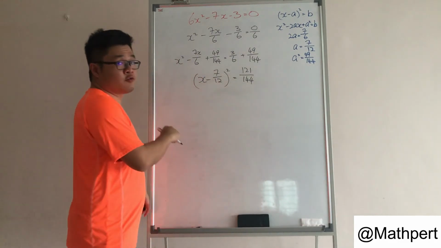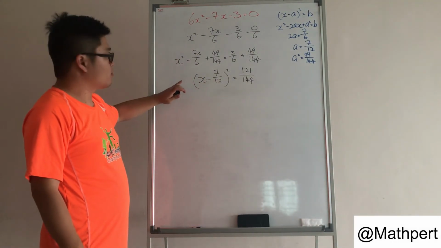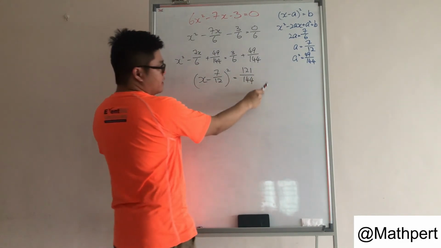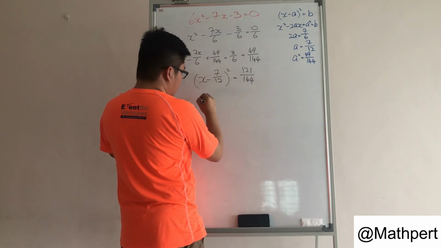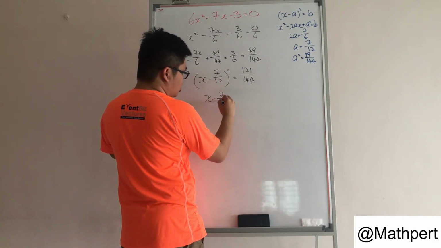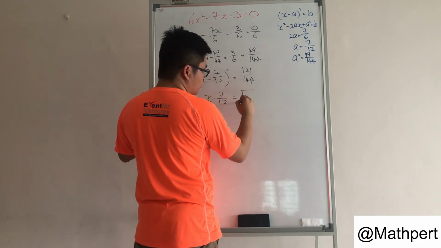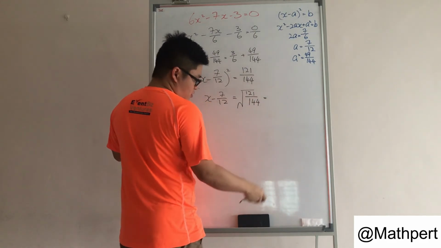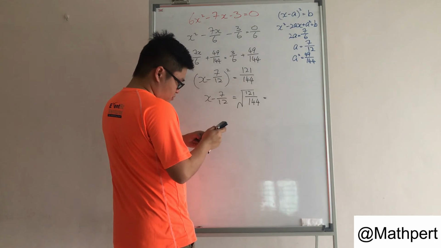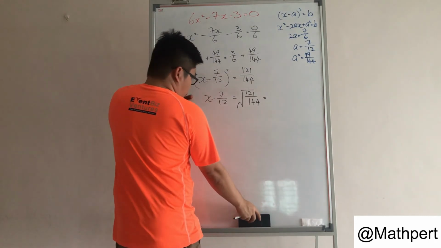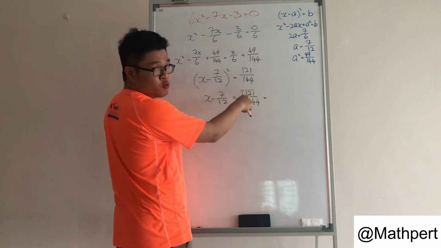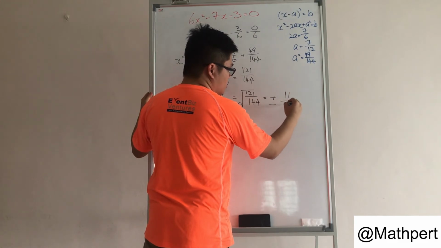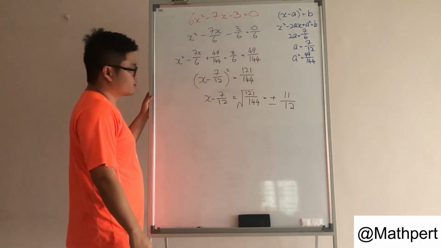Okay, then let's solve these equations. The whole thing squared, moving to the right hand side becomes square root. So x minus 7/12 equals the square root of 121/144. So this square root of 121/144 will become plus minus 11/12.